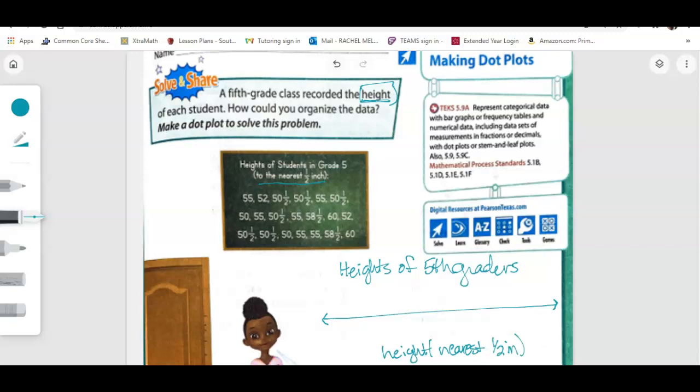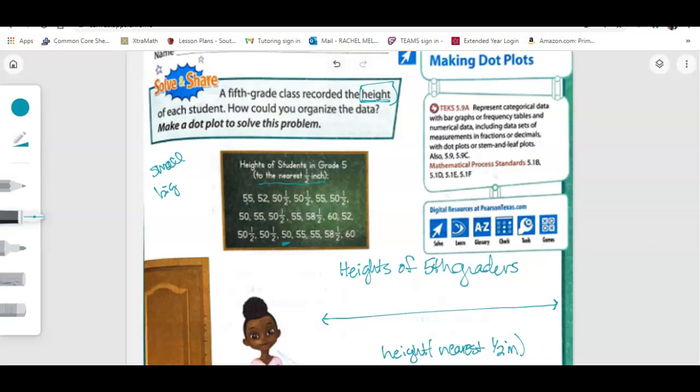Okay, so now I need to start looking at my numbers here. I see a 55. I'm looking to see, first of all, what my smallest number and what my biggest number are. So I see 50 and a half. Oh, and I do see a 50 here.